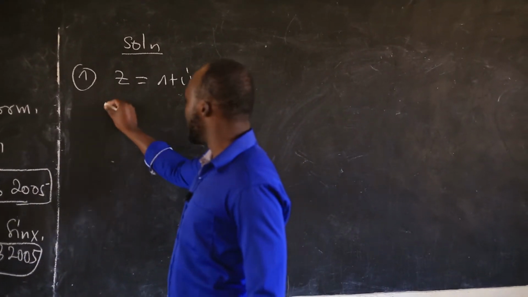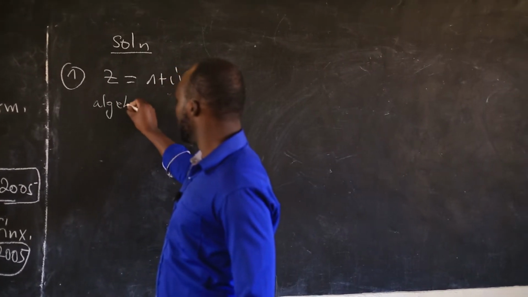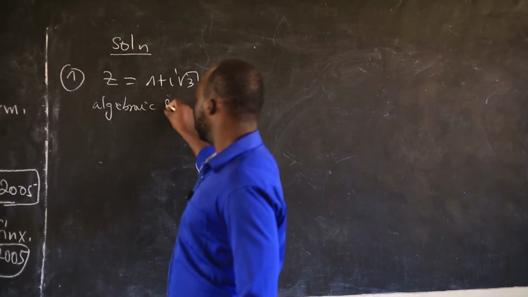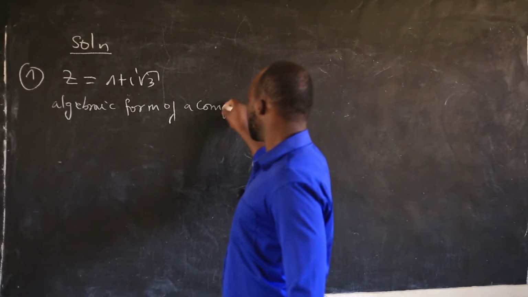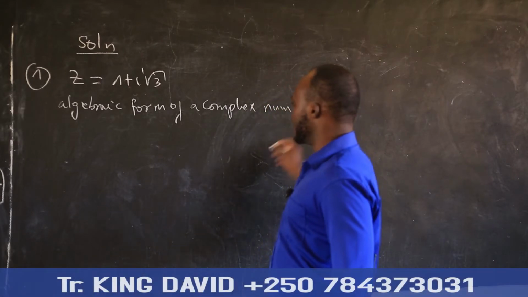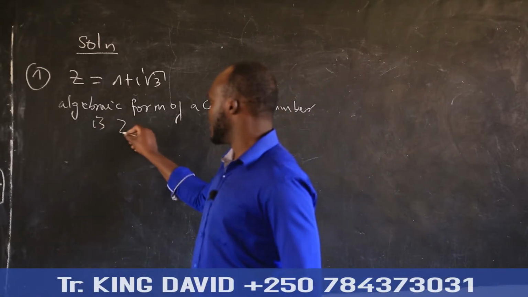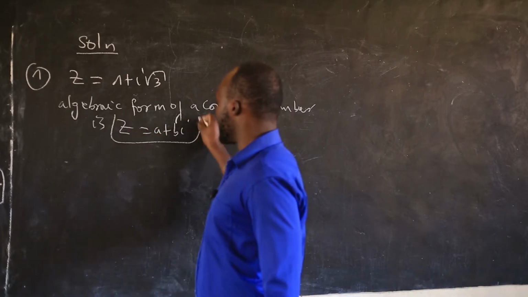Remember, the algebraic form of a complex number is z equal to a plus bi. That is the algebraic form.